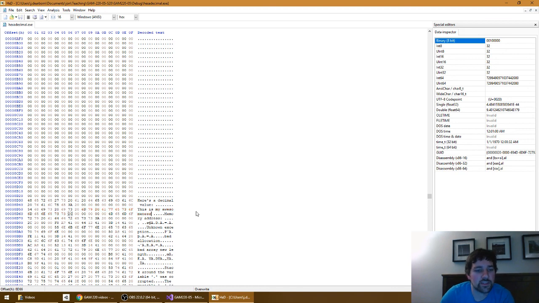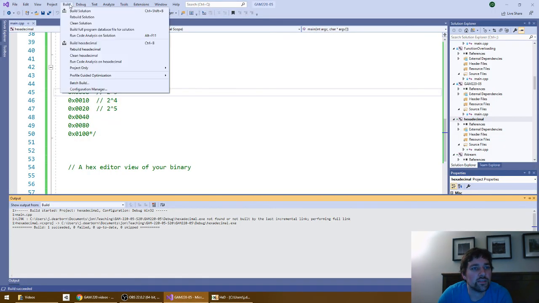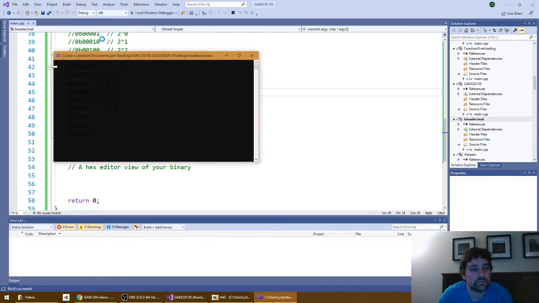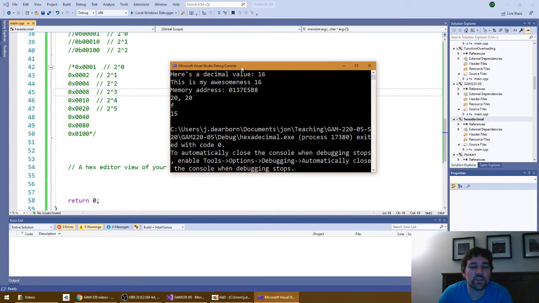Okay, save it and try that again. Alright, yeah. So Visual Studio didn't rebuild it. It thought that it was the same program, but it had actually been edited outside of Visual Studio. And I snuck that in there.